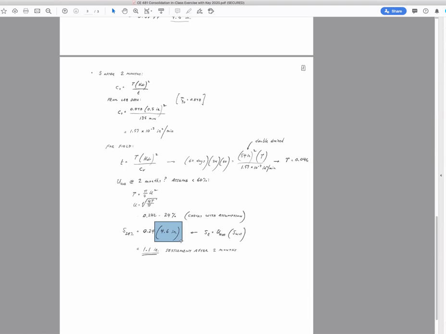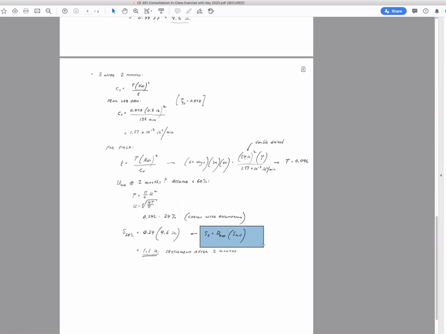And this is saying the u being 24% is saying you're 24% of the way done with consolidation process. So therefore, the settlement at some time t at 2 months is u average times s ultimate. That's where this is coming from. And this indicates that 1.1 inch has occurred after a 2-month period.